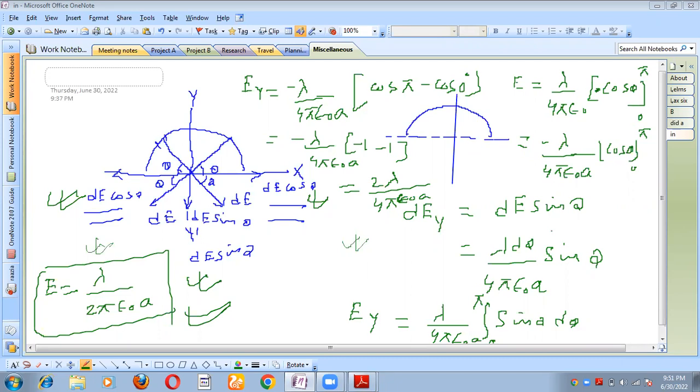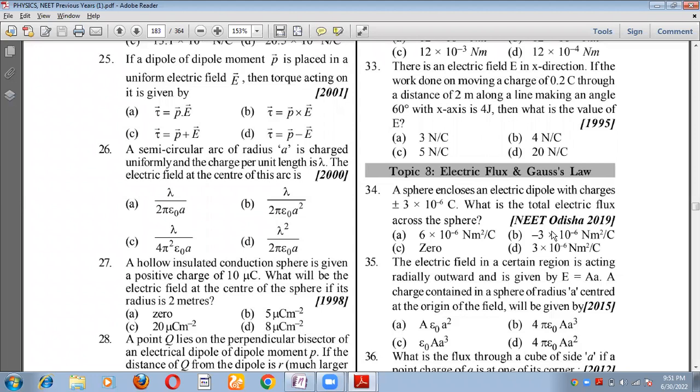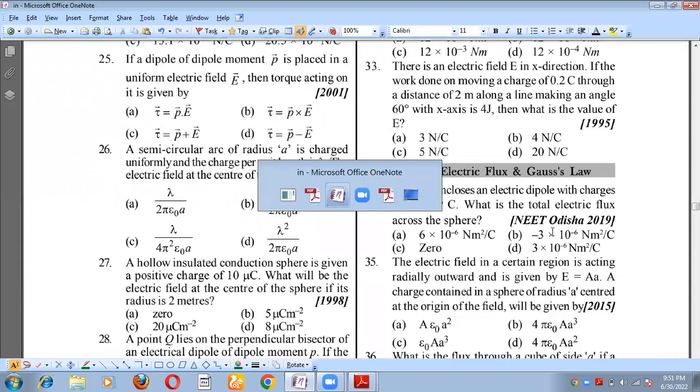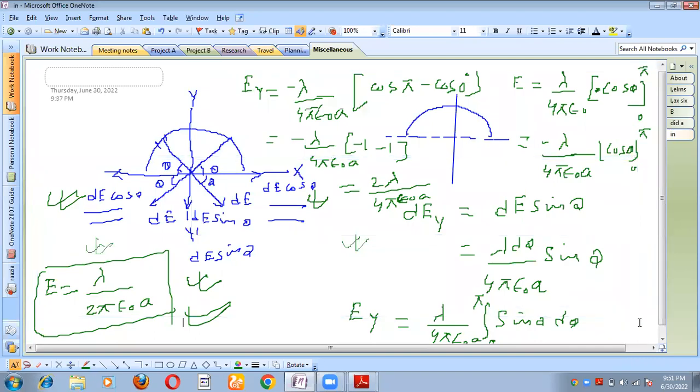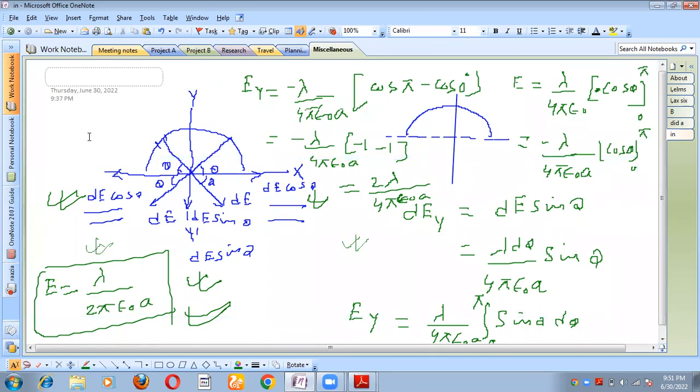For JEE main, most of the questions are based on continuous distribution integration, so they must understand this. For NEET students also, from a concept point of view, this is very important. It will be helpful to solve some questions in short text also.